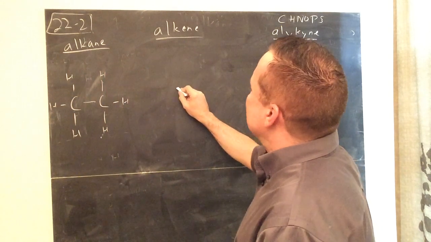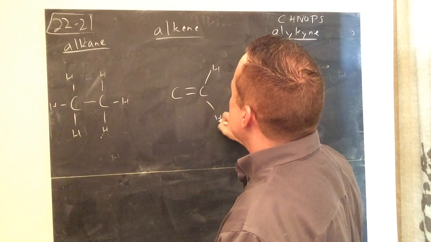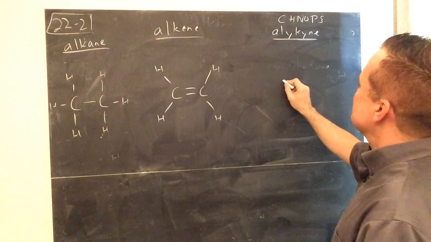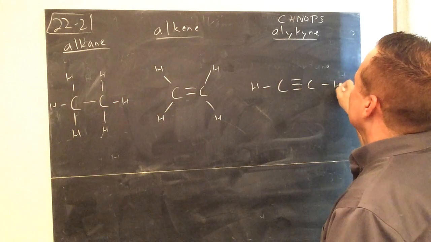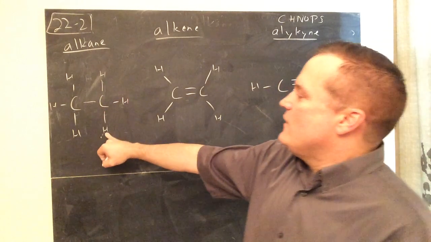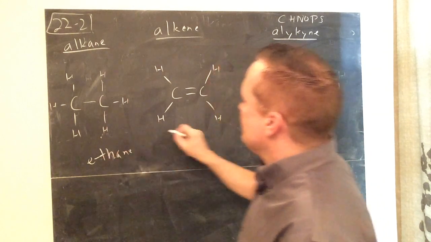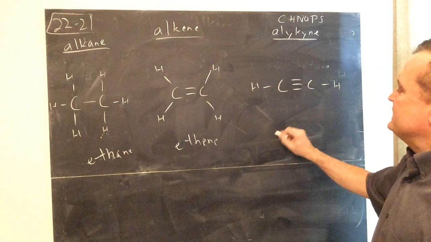Now what if I have a double bond? Remember, every carbon needs 4 bonds. And what if you have a triple bond? It looks like this. This is called ethane. This is called ethene. This is called ethine.